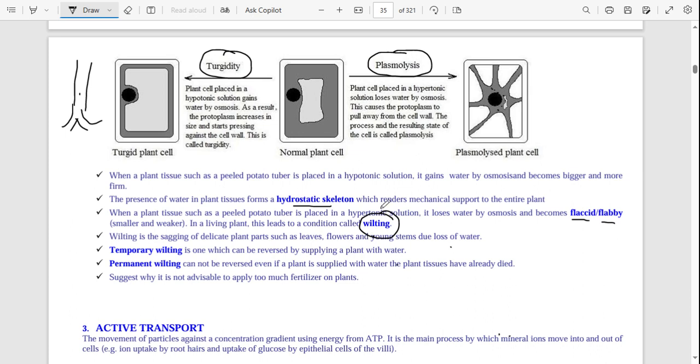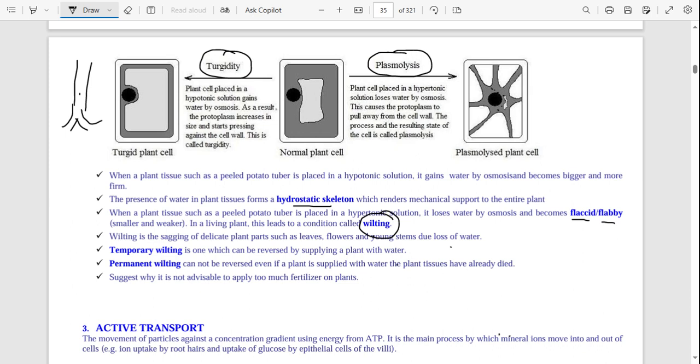So when a plant loses a lot of water, it's going to wilt if you place it in a hypertonic solution. There is temporary wilting and permanent wilting. Temporary wilting is one that can be reversed. So if you start, say, watering that plant, it will start gaining water and then it will come back to normal.